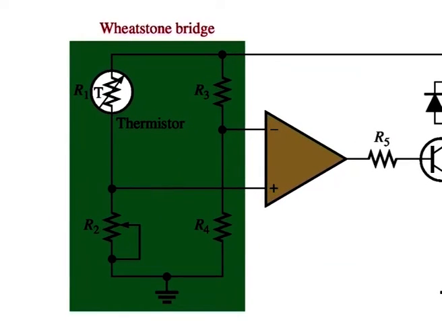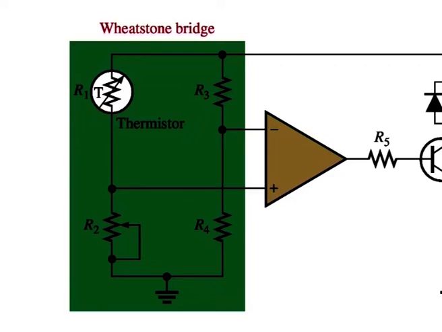One leg of the bridge contains a thermistor R1, which is a temperature sensing resistor with a negative temperature coefficient, that is, its resistance decreases as temperature increases. The potentiometer R2 is set at a value equal to the resistance of the thermistor at the critical temperature.